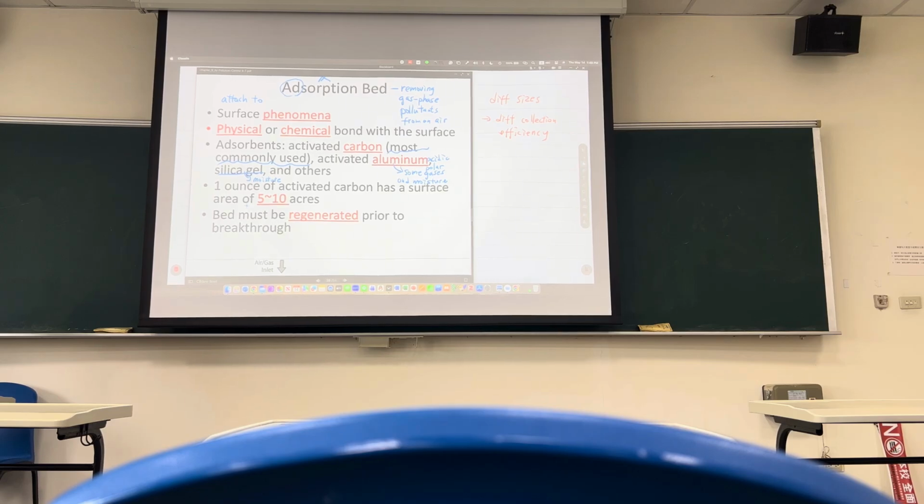The reason activated carbon is most commonly used is you can imagine this: 1 ounce of activated carbon has a surface area of 5 to 10 acres. So the surface area is huge.